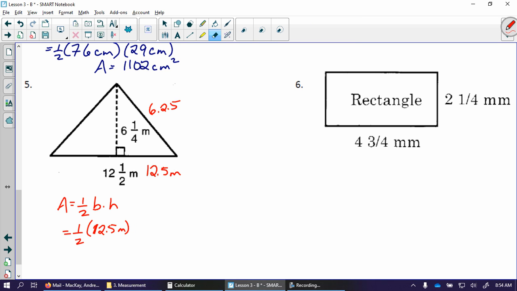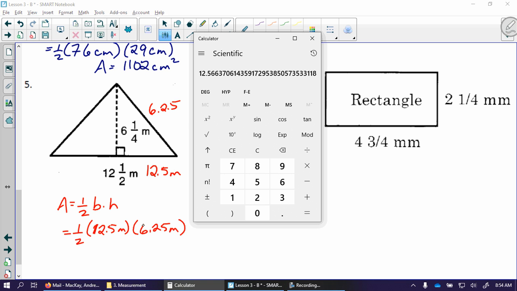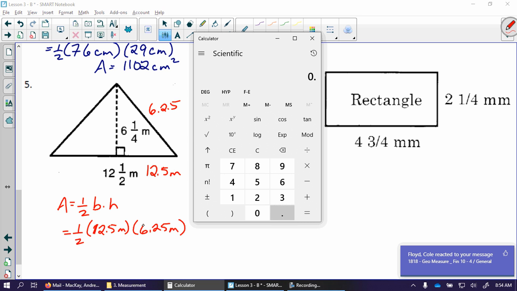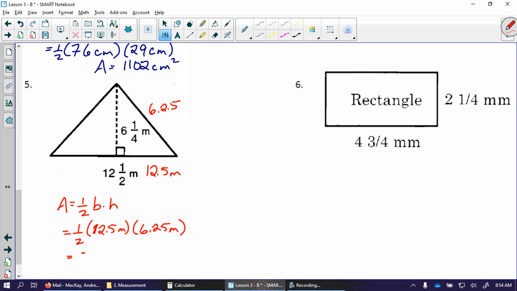The height, my cursor sometimes disappears. Pull out our handy dandy calculator again, 0.5 times 12.5 times 6.25 will give us 39.1 meters squared.